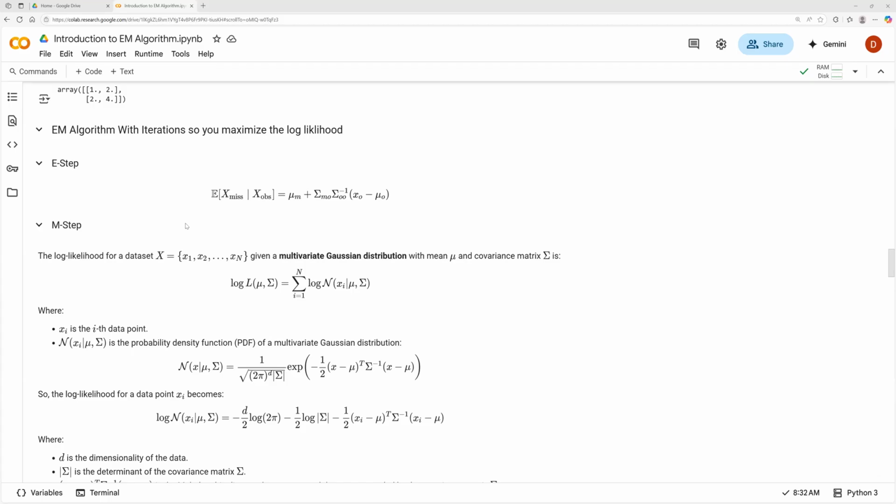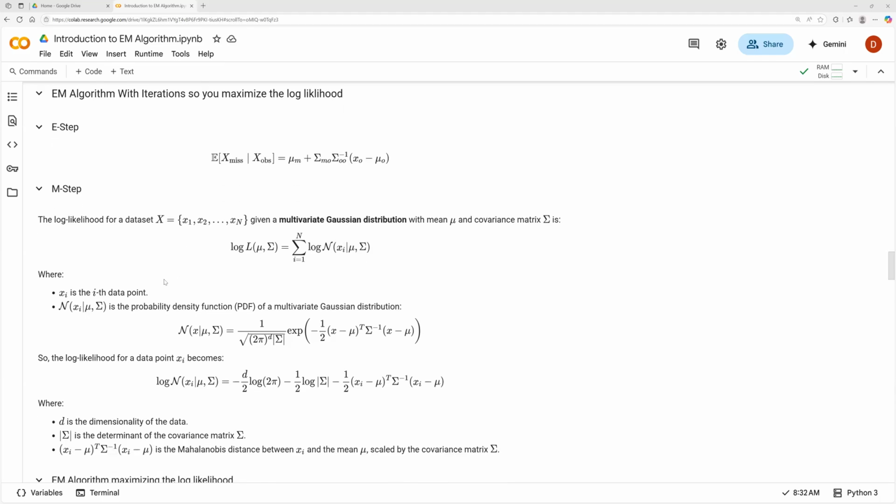Now in the M step, we're given a multivariate Gaussian distribution with mean mu and covariance matrix, okay? And this is how you would formulate it. Basically the summation symbol of the log Gaussian, okay? Where xi is the data points, and mu and the covariance matrix is a probability density function of a multivariate Gaussian distribution, which looks like this.